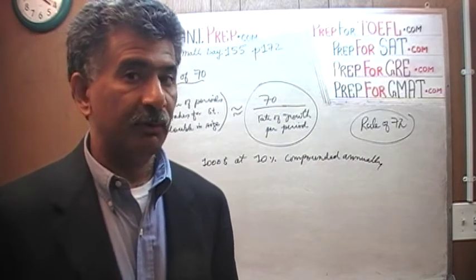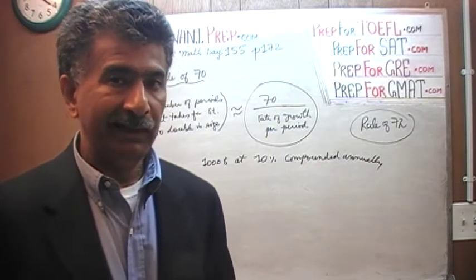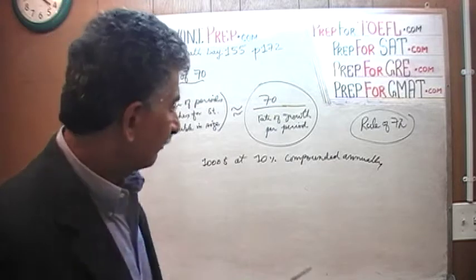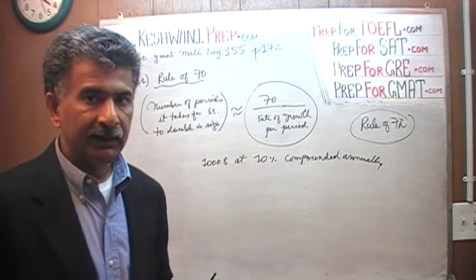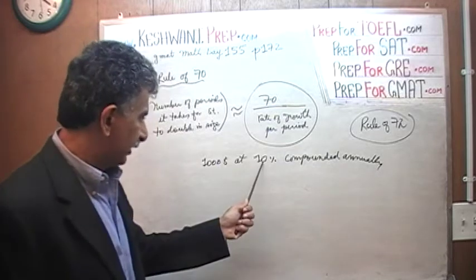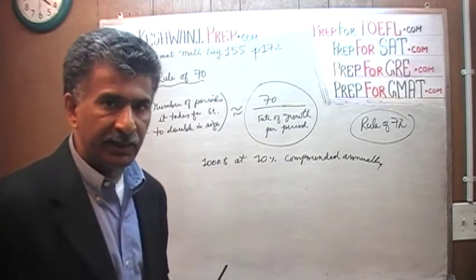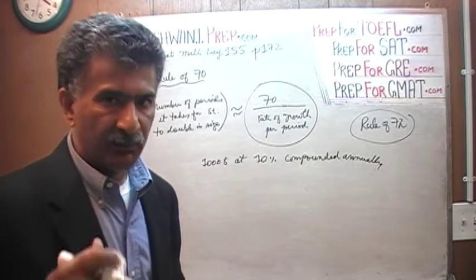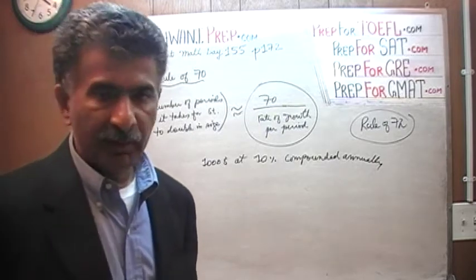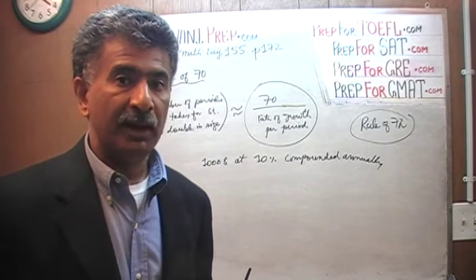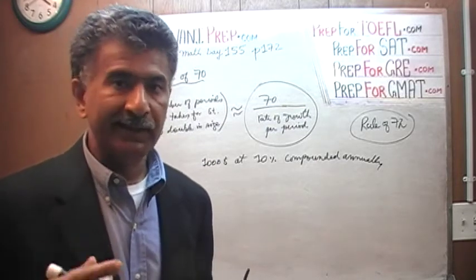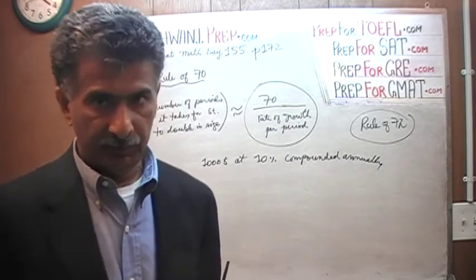The answer is no. It will not take 10 years for it to double in value, because it's compounding. We're not withdrawing the money. At the end of the first year, they pay you $1,000 in interest. We're not withdrawing that interest. So year number 2 begins with a balance of $11,000, and now we get 10% on $11,000.